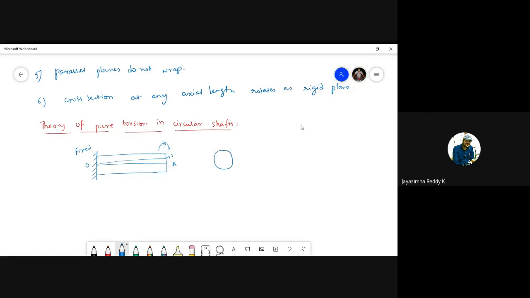This is what the side view is, and this distance is R. Let me take this as R, and length of the shaft is L, and radius is R. So after twisting, it moves to A dash.